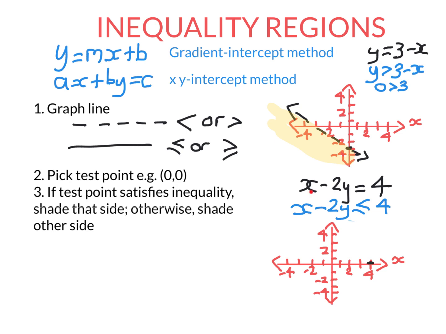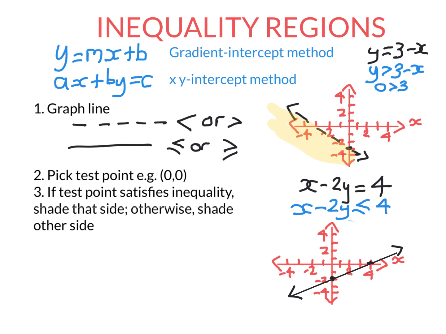Now, if x equals 0, I've got -2y equals 4, therefore y equals -2. I have found the x and y intercepts. Once you've got 2 points that lie on the line, you simply join them up. Because this is less than or equal to, I'm this time going to use a solid line to join them up.